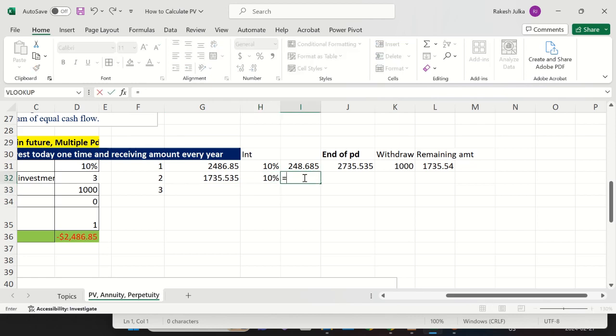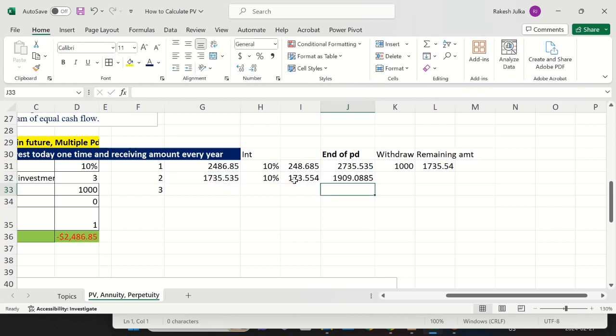And here we want to calculate the interest that we will earn during the period, and after that we calculate the initial amount plus the interest. So this much money we will have, and again $1,000 will be subtracted because we are going to withdraw it at the end of the period.